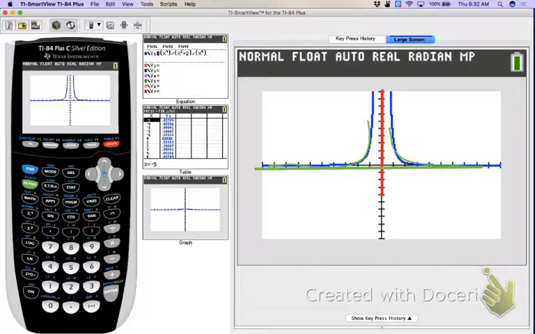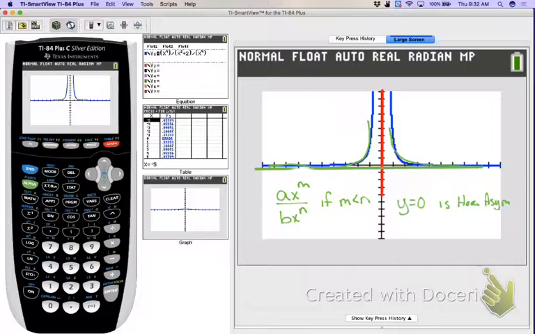So the last thing, as far as the horizontal asymptote, if I have ax to the m power over bx to the n power, if m is less than n, y equals 0 is your horizontal asymptote.